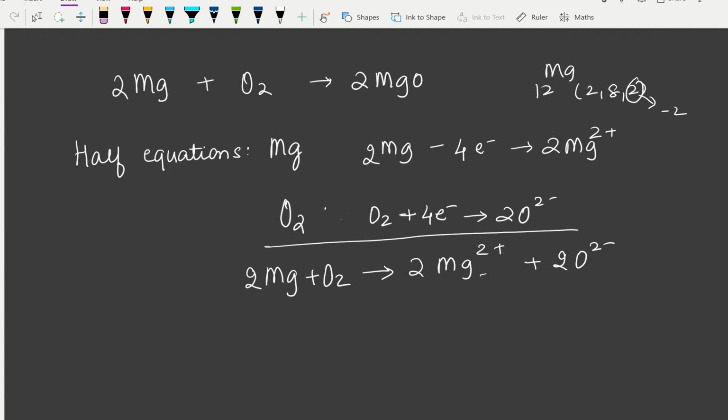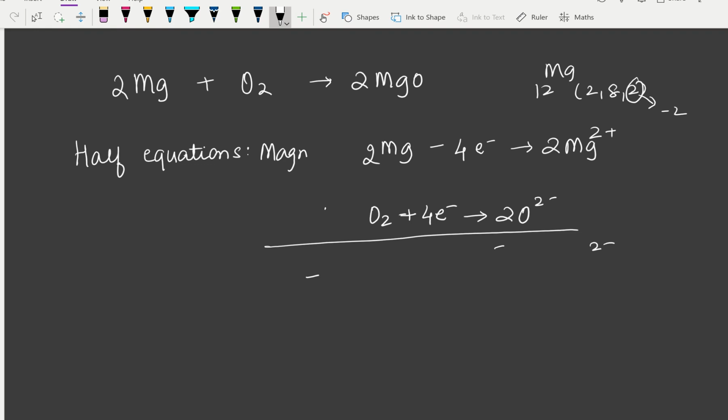I'm so sorry. Why did I consider that as the half equation? I need to erase this, because I should write this down as complete magnesium. Magnesium and oxygen, so half equations for magnesium. This is better. Sorry for that blunder.